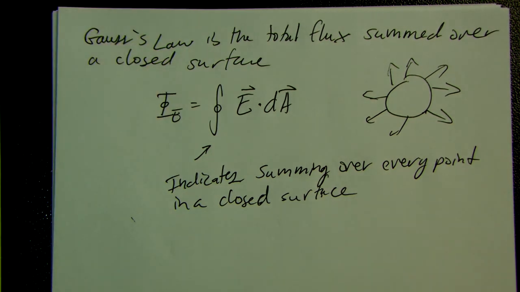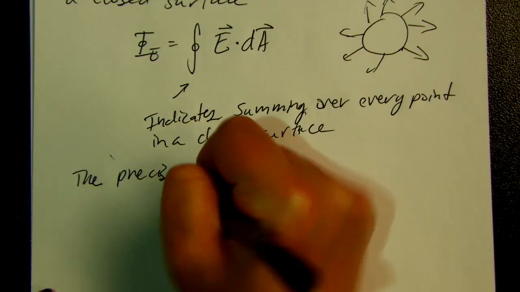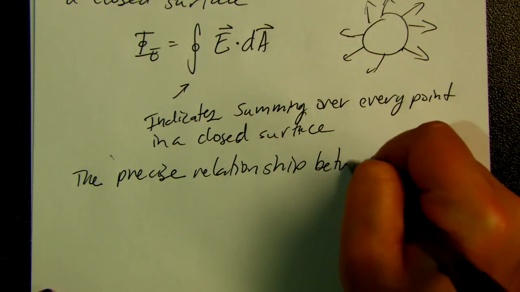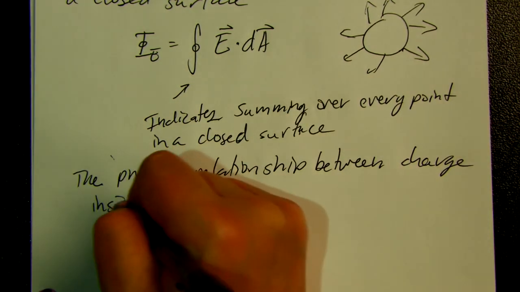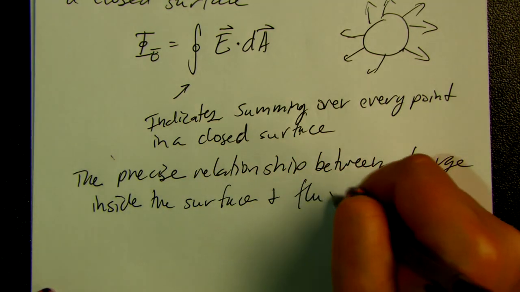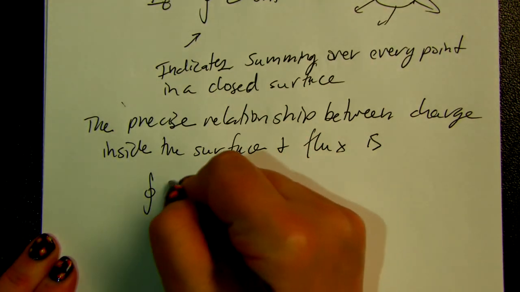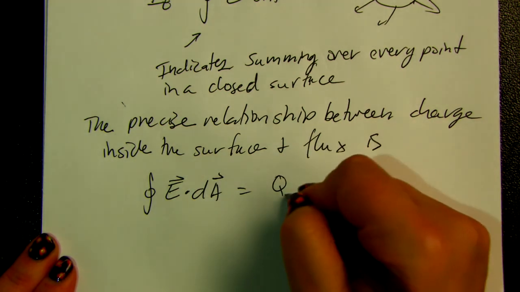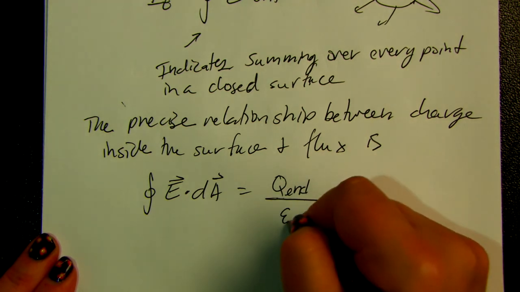All right, so building on this, the precise relationship between charge inside the surface and flux is that the closed surface integral of E dot dA is equal to Q enclosed over epsilon naught.